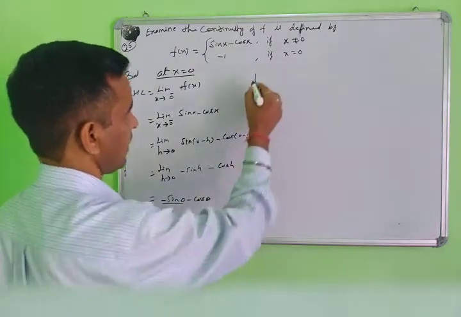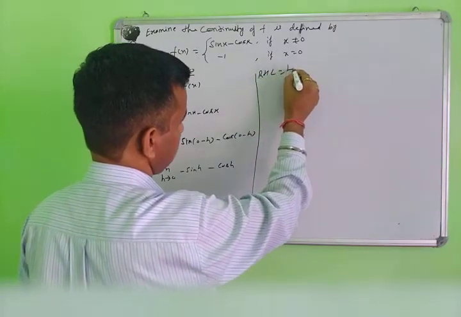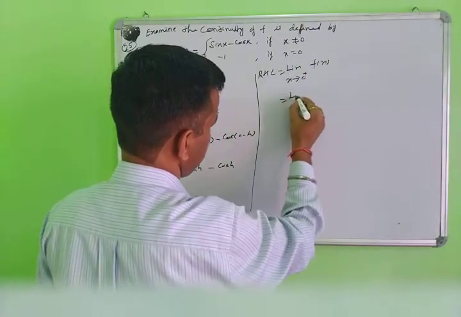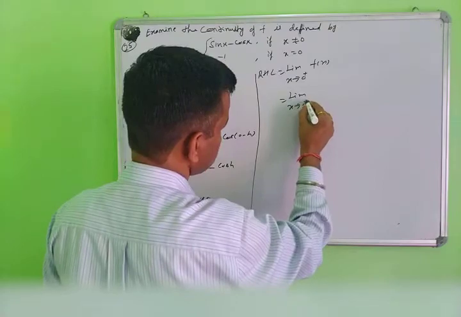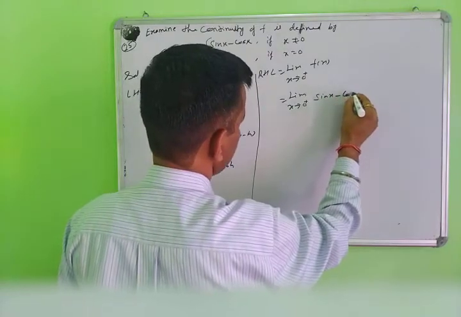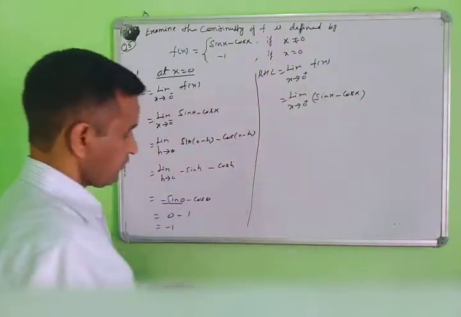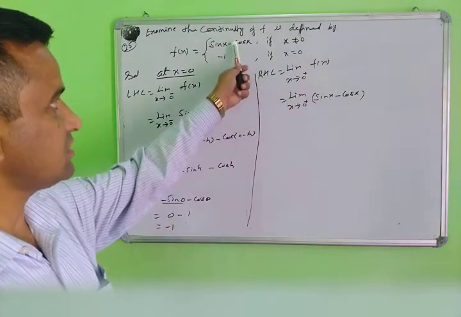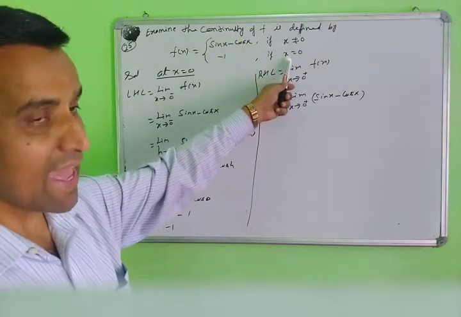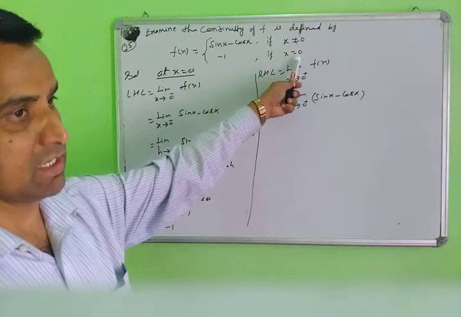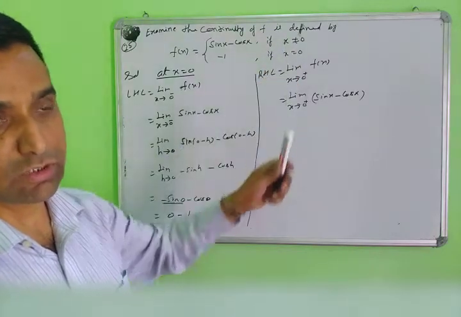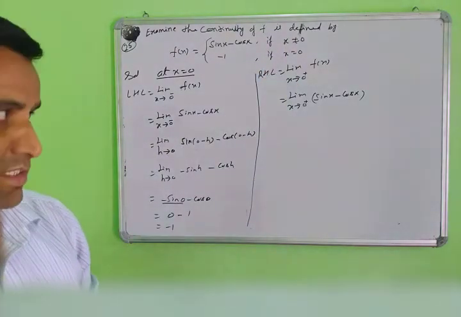Similarly, RHL: the limit as x tends to 0 from the right side of f(x). Here the function will be sin x minus cos x, because the second function value applies only when x equals 0, not for LHL or RHL.